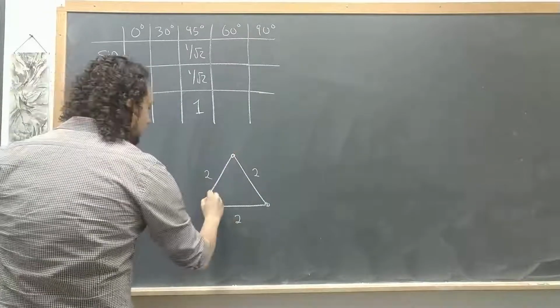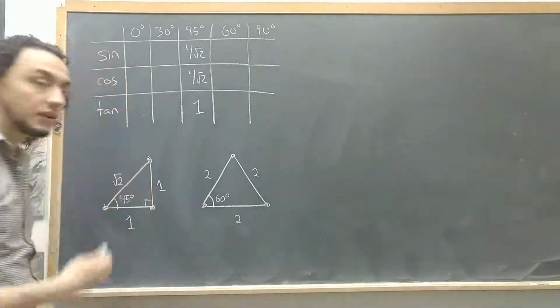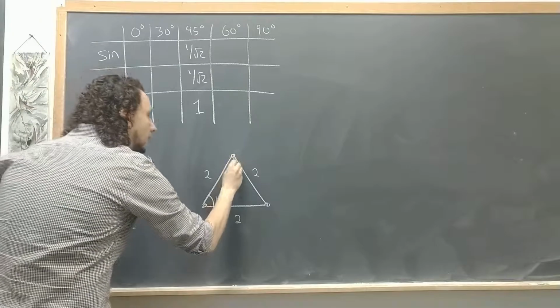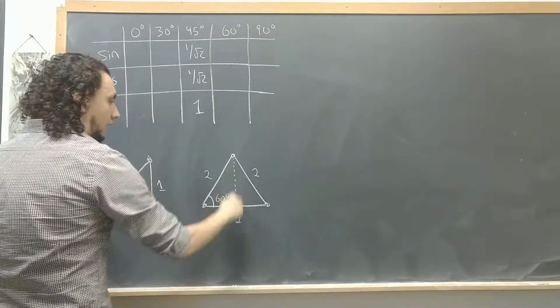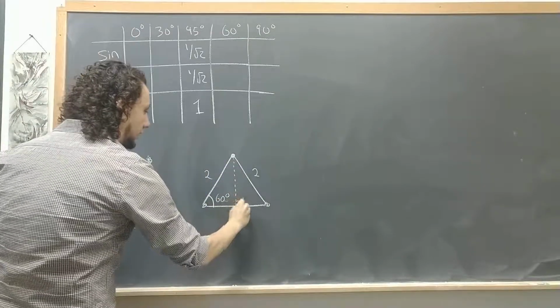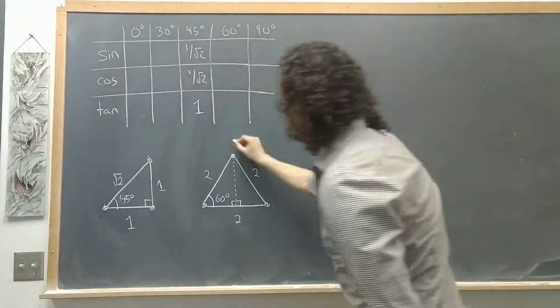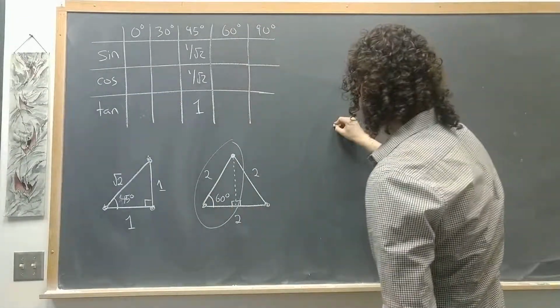Of course, in an equilateral triangle, all of the internal angles are 60 degrees. Now, this is not a right angle triangle, but by dropping a vertical line down from the top here, I get a right angle triangle. So I'll copy this right angle triangle over here.